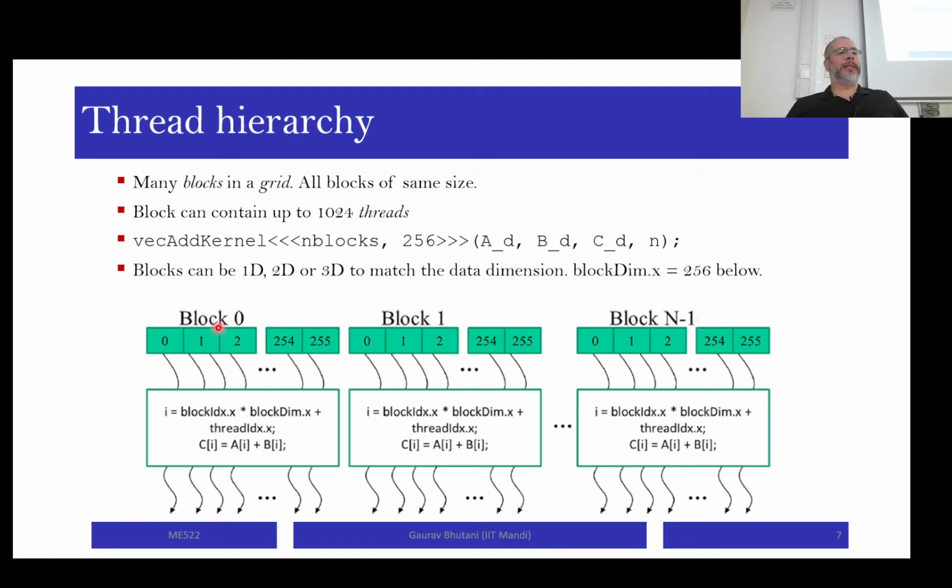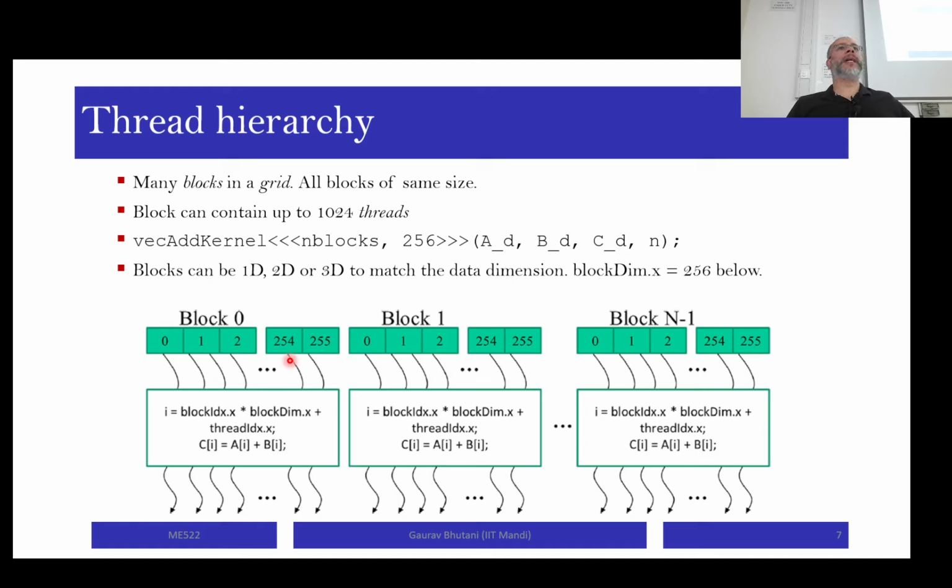Each block in this case has 256 threads, as I've shown in this kernel call. So the numbering of the threads will be from 0 to 255, and each block's thread numbering will be from 0 to 255. So the thread numbers are not unique, as they start from 0 and go all the way to the number of threads per block for each block.